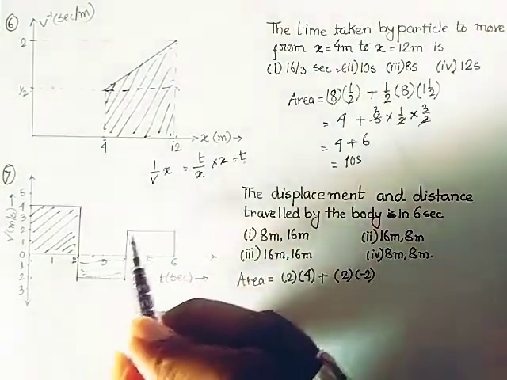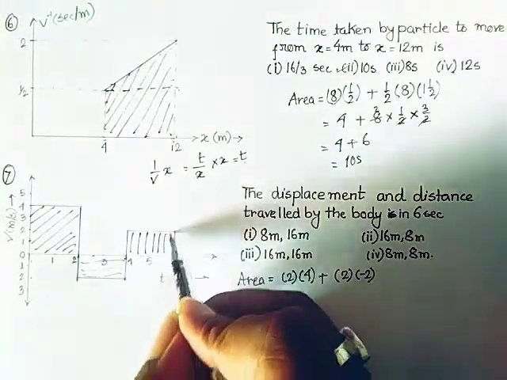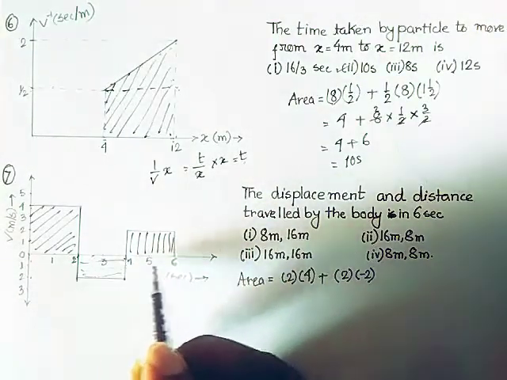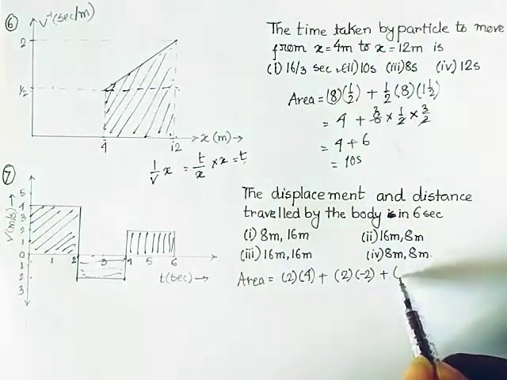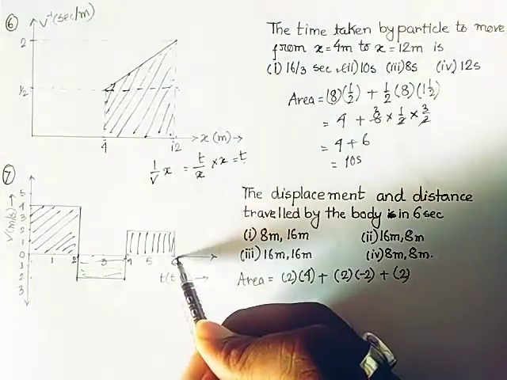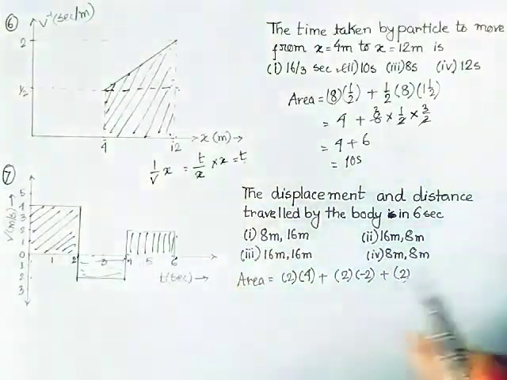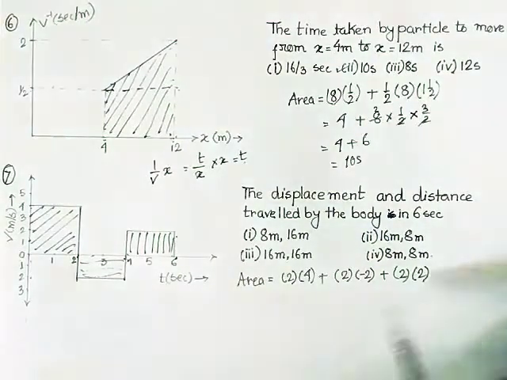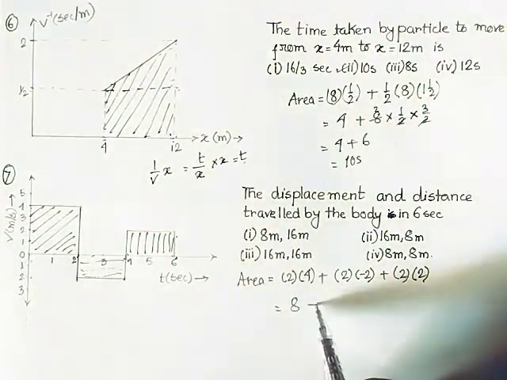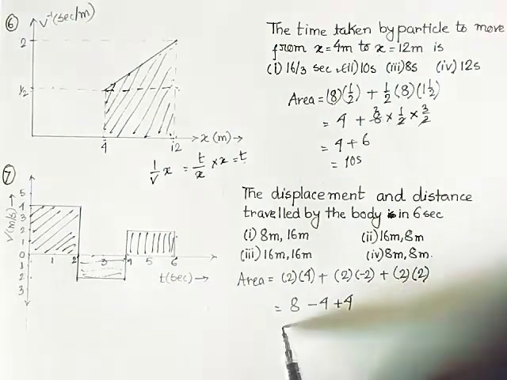And this rectangular section extends from 4 to 6, so this one is 2, and this one is 0 to 2. Just see, it will be 2, so it is 8, it is -4, it is +4, so it will be 8 meter.